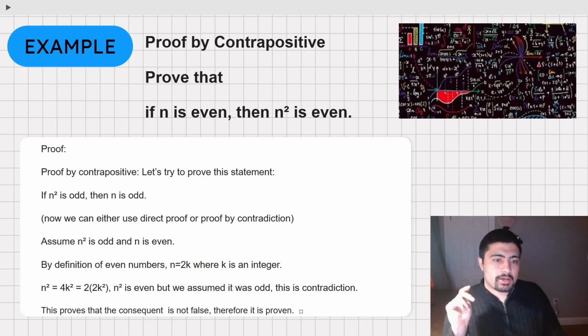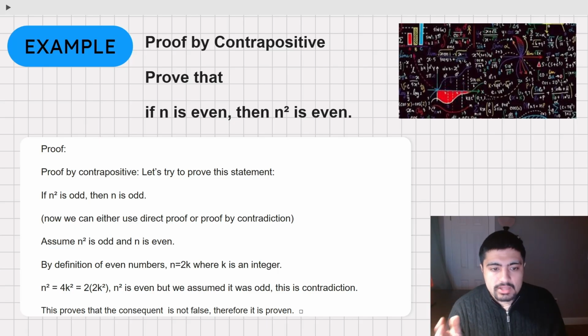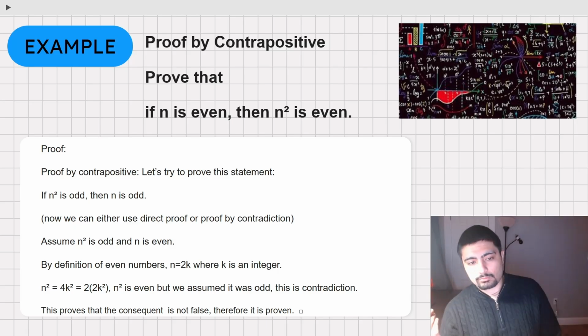So proof by contrapositive: we're assuming that n squared is odd, then n is odd, which has the same truth value. Now I jump to direct proof because I know that the statements have the same truth value, so I can use any technique I want to prove that if n squared is odd, then n is odd as well. So I just wanted to use direct proof.